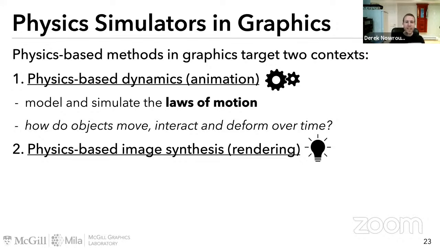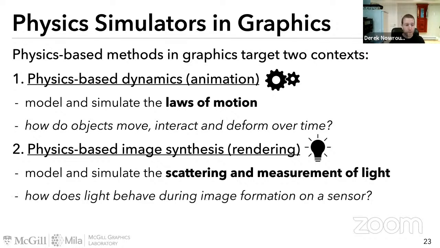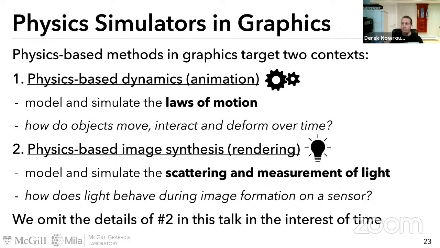And then we have physics-based image synthesis, or rendering, which is modeling and simulating the scattering and measurement of light. How does light behave during image formation on a sensor like a camera or my retina? We're going to omit the details of physics-based image synthesis in this talk, and we're very lucky that Baptiste already gave us a very nice intro to that problem setting.